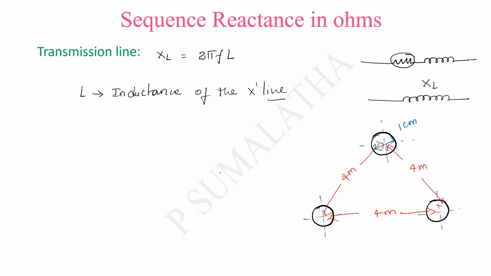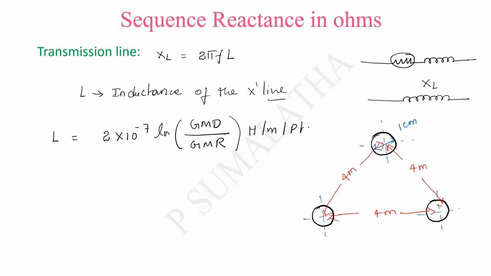We know very well that for these kinds of problems, the inductance can be calculated using the formula 2 into 10 to the power of minus 7 ln of the geometric mean distance divided by the geometric mean radius, Henry per meter per phase. We can use this formula whenever the length of the transmission line is provided in meters.